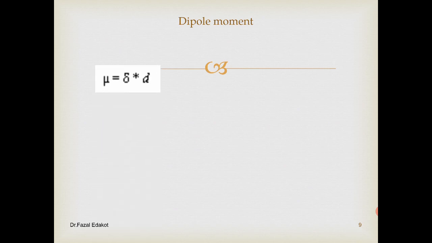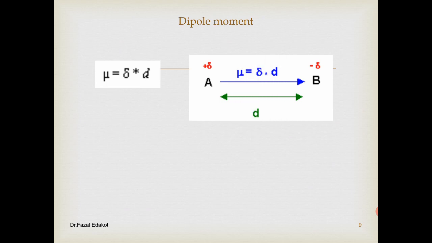What is dipole moment? Dipole moment is equal to the product of the charge and the distance between the atoms or the oppositely charged centers. Here, A is an atom of a molecule, B is another atom, and this is the distance. Each has a charge.